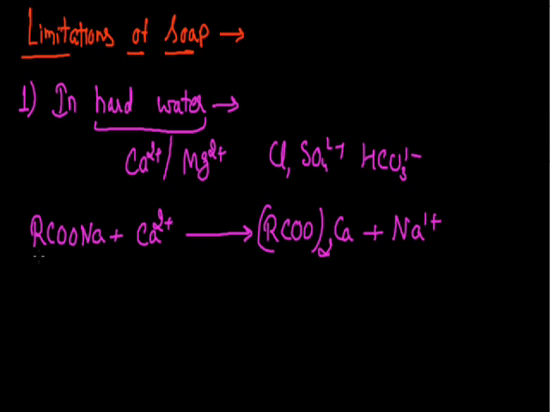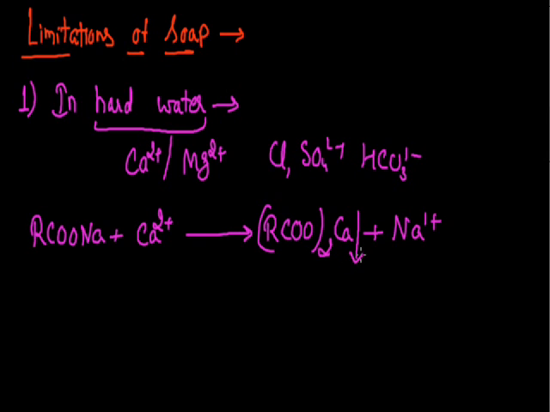Now, the sodium salt of long chain carboxylic acid was soluble in water and it was able to form micelle. On the other hand, this calcium salt of long chain carboxylic acid is not soluble in water. It is an insoluble substance and it precipitates out in the form of a white precipitate.